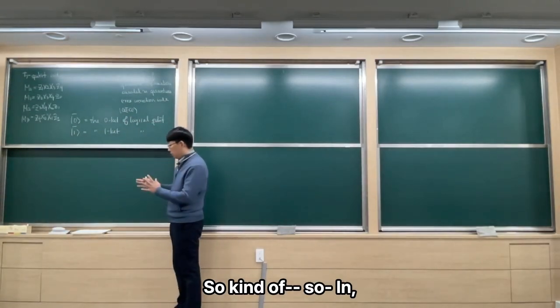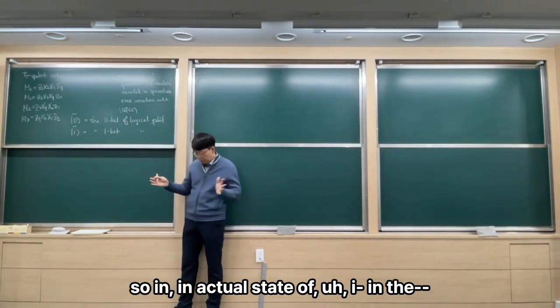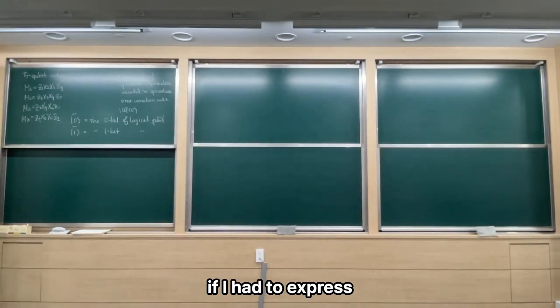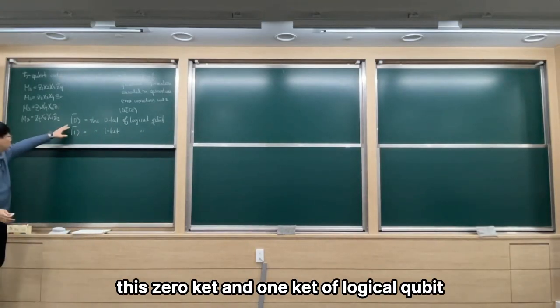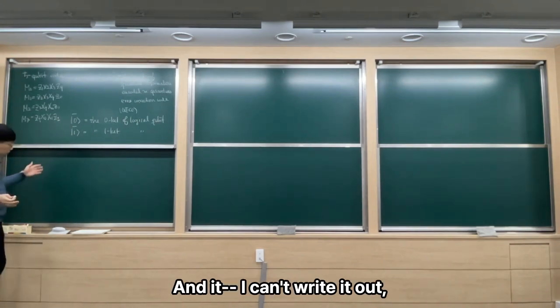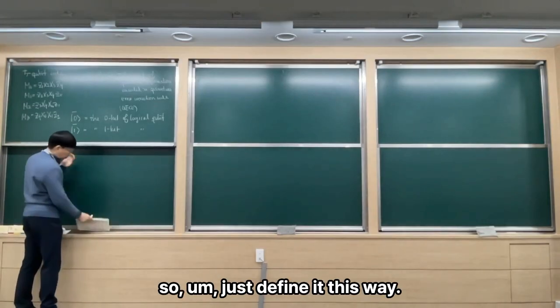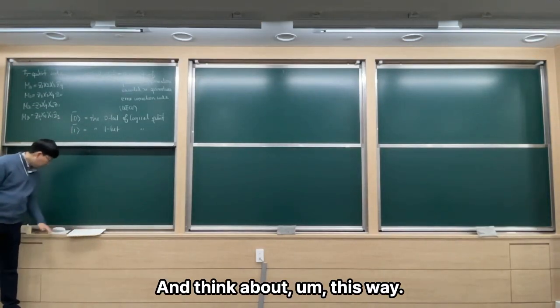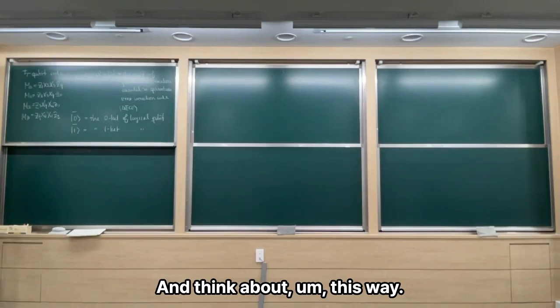If I had to express the 0 ket and 1 ket of the logical qubit in real 5-qubit states, it would be really long, and I can't write it out. So just define it this way and think about it this way.